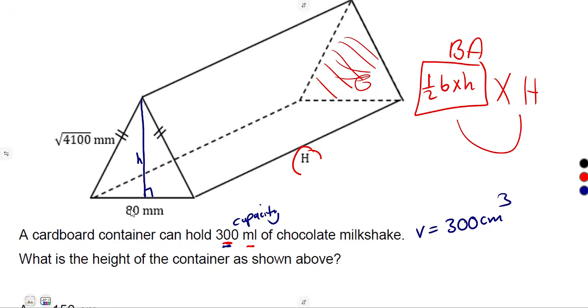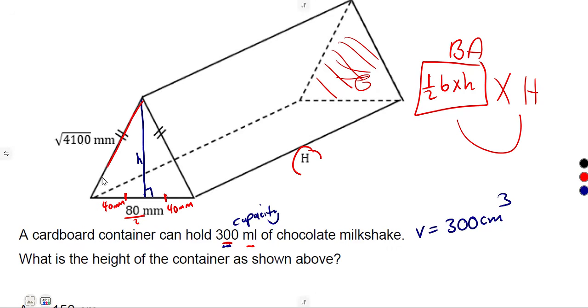What can we use? Yes, we can use our Pythagoras theorem, as we do understand that's an isosceles triangle there. So it simply tells us that this line will be subdivided into two equal parts from the perpendicular height. The perpendicular height bisects it into two equal parts. So divide by 2, that's going to be 40 millimeters, 40 millimeters on the other hand.